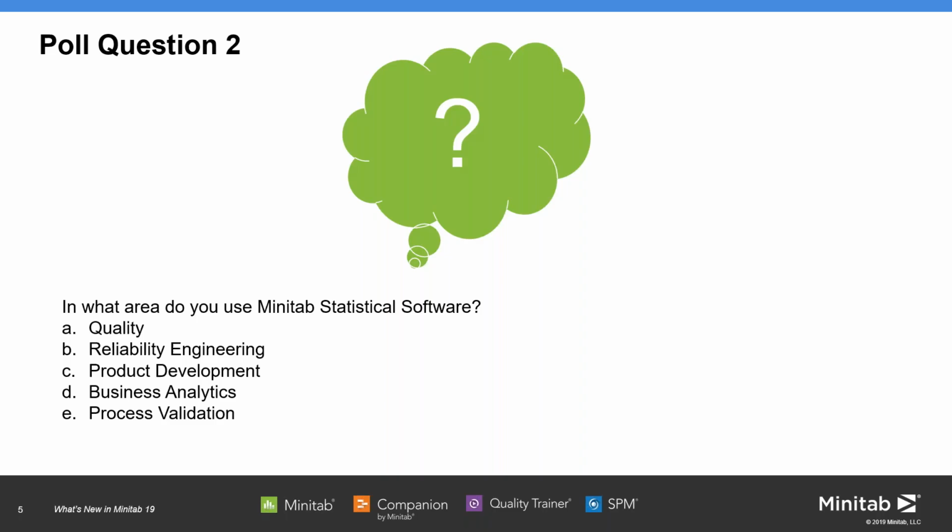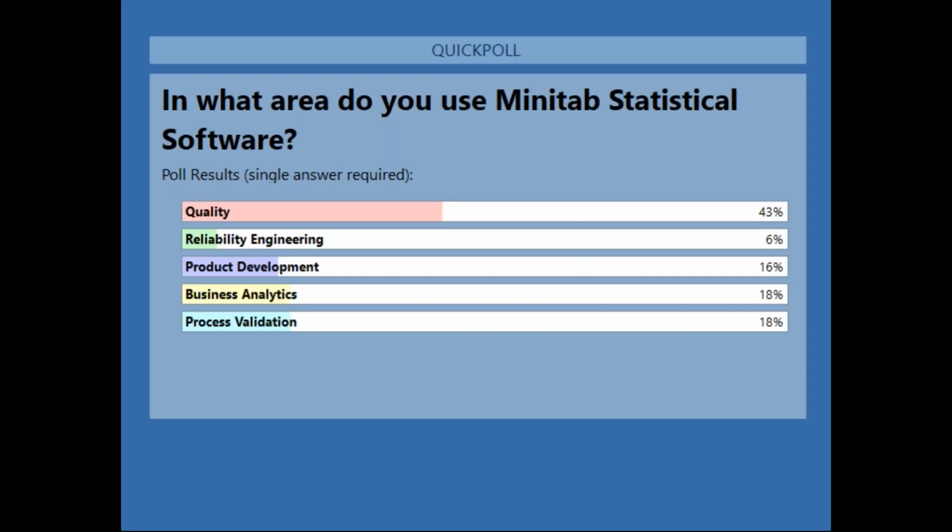Okay, this is good. This shows us a breakdown of the audience, and this is very interesting. So kind of what I might expect, some reliability, engineering, product development. Hopefully we had your choice up here. Apologize if we didn't, but actually nice background, business analytics, process validation, quality.